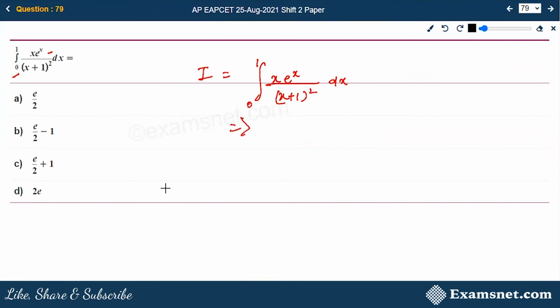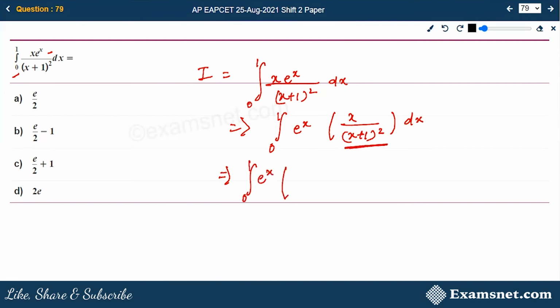I'll write it as the integral of 0 to 1, can I write it like this? x upon 1 plus x whole square dx, using partial fractions. So this will be from 0 to 1 e^x, and this whole thing can be written as 1 upon x plus 1 minus 1 upon x plus 1 whole square dx.